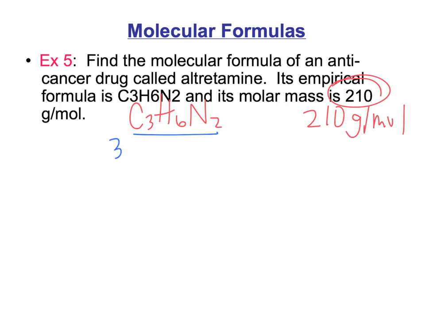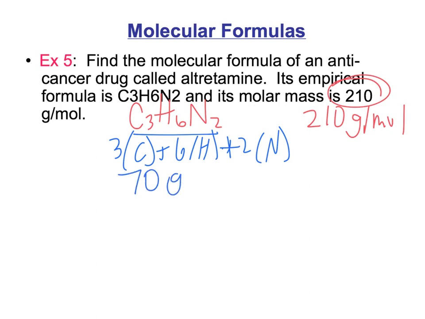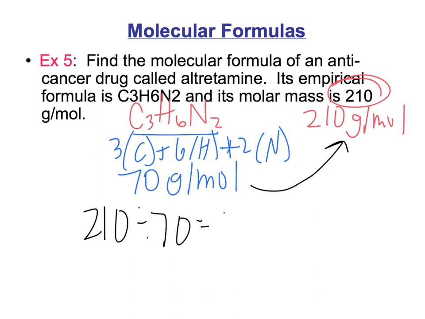If you go through like we did before, 3 carbons, 6 hydrogens, 2 nitrogens, you end up finding the molar mass of the empirical is 70 grams per mole. So you need to figure out how much bigger my molecular molar mass is. Well, 210 divided by 70, it's 3 times bigger.